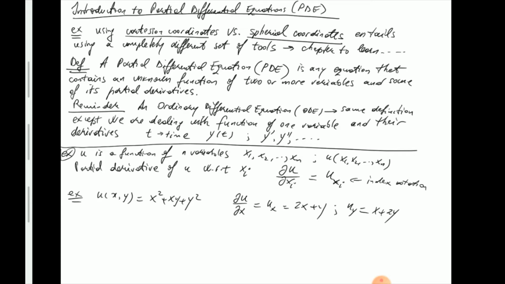One confusing part sometimes with the partial operator is that it adds the operator from left to right, and the index from right to left, when you take the second order partial derivative. So for instance, the second order derivative with respect to x and y looks like that, and in the index notation it's going to be written like this, so u sub xy.